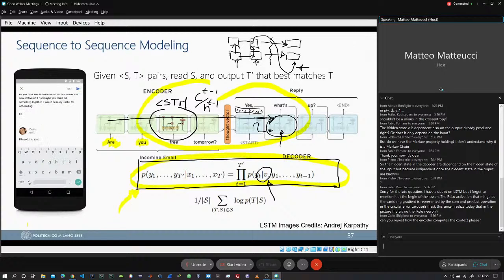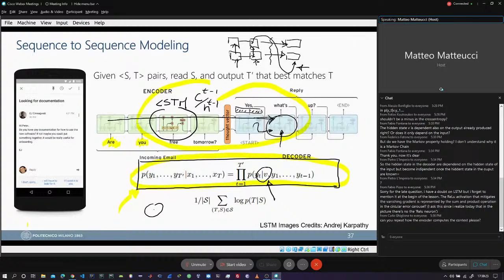There is a question on the LSTM, where I discussed last time the fact that the vanishing gradient is solved by a ReLU. The vanishing gradient is solved by a ReLU in deep networks, but in the LSTM it is not a ReLU, it is a linear function.